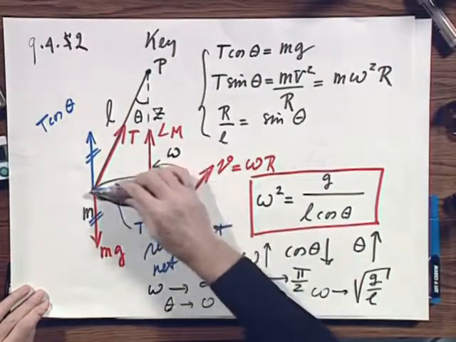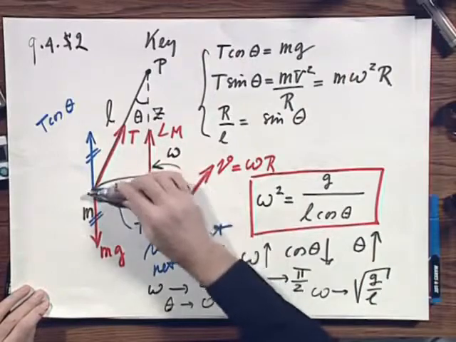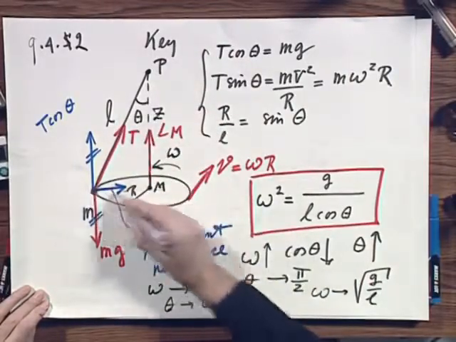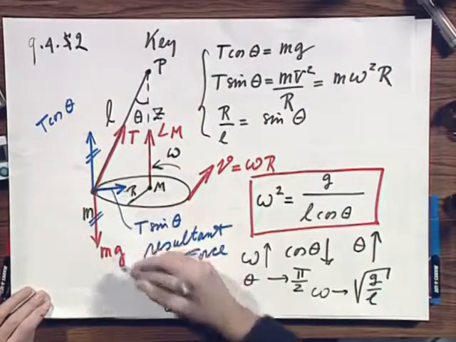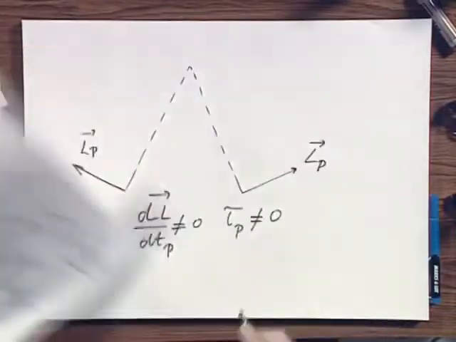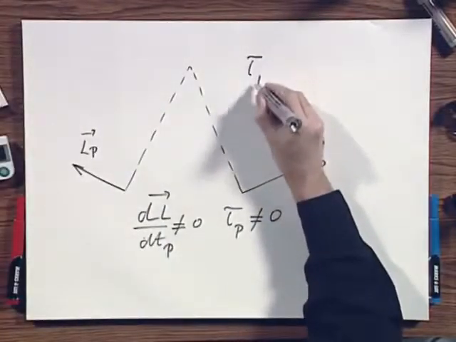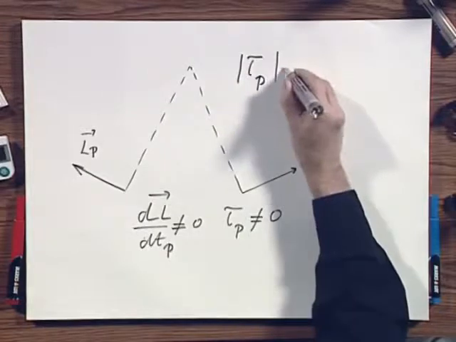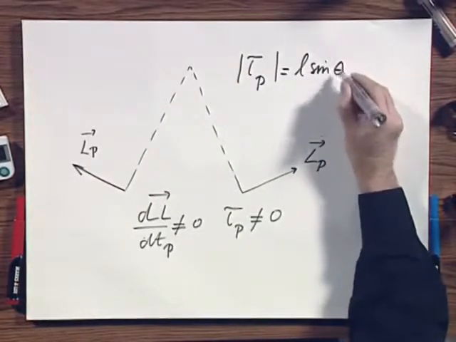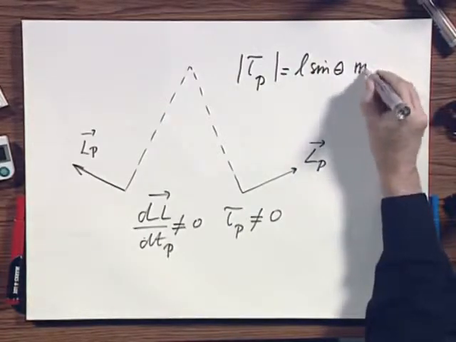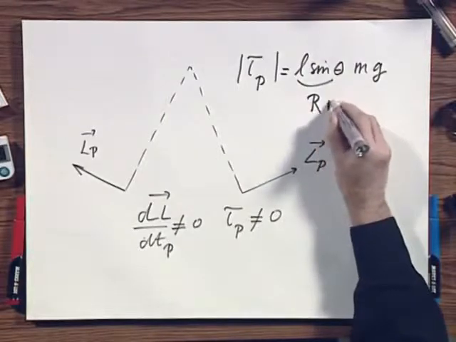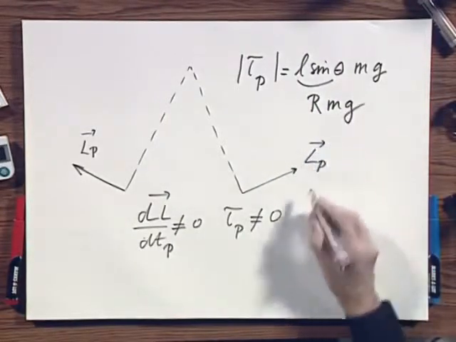So I have to take the perpendicular direction, which would be L sine theta, which by the way is R, and I have to multiply that by mg. So the torque relative to point P equals L times sine theta times mg. And for this you can write R times mg.